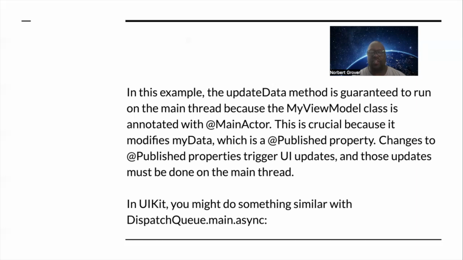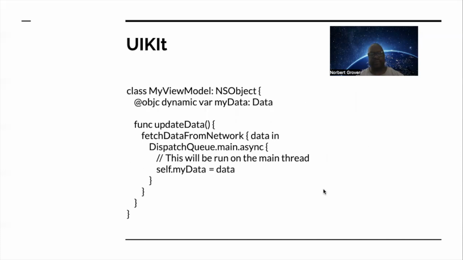In UIKit, you might do something similar with DispatchQueue.main.async. And this is it right here. And of course, if you've been following my videos, you already know how to do this. Basically, this is a view model.